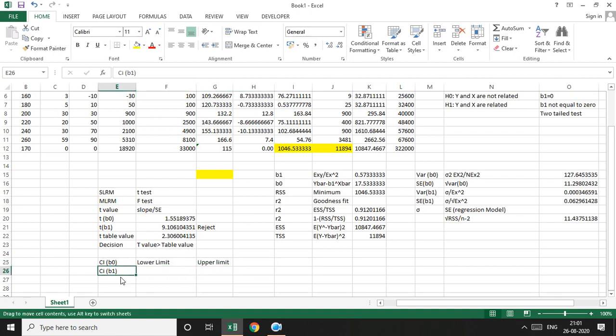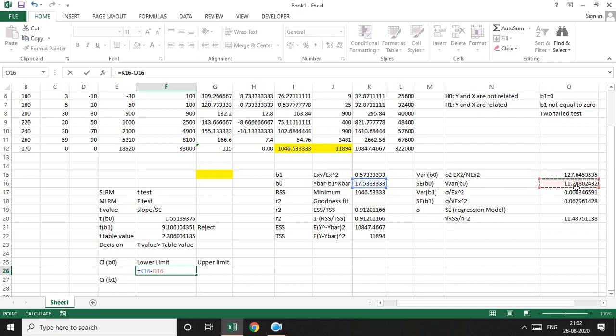Lower limit is equal to beta 0 minus the standard error of beta 0 into the t value, the 2.306, which gives minus 8.519.